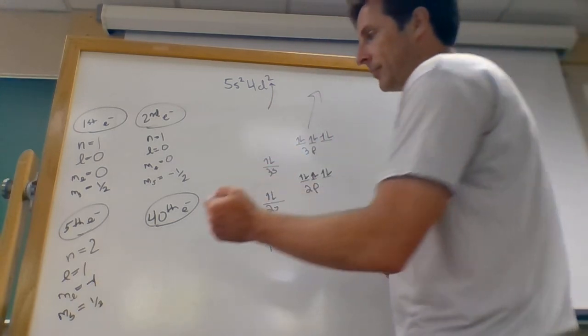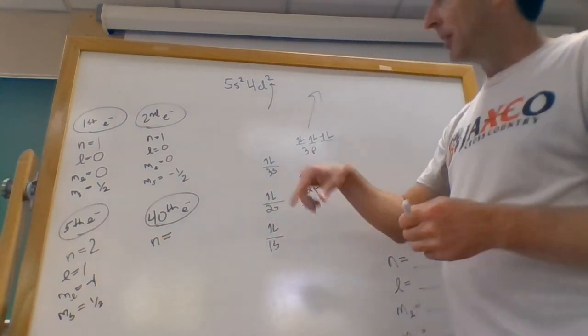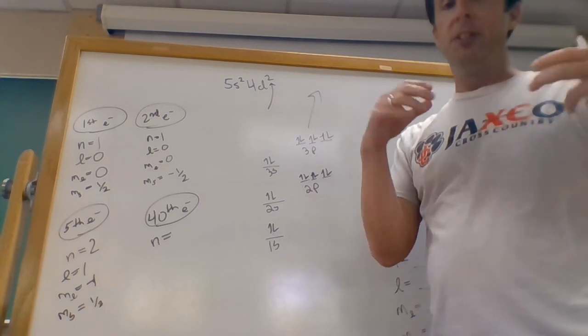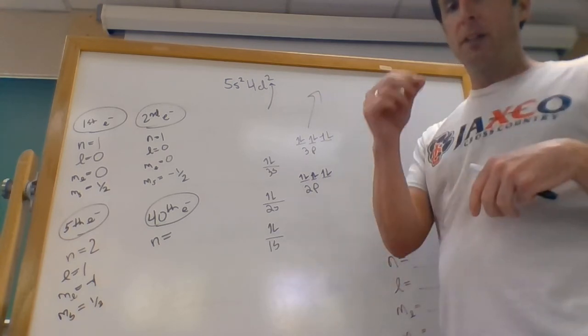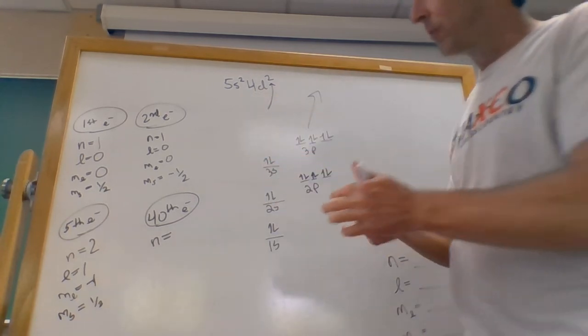Okay? So, N: that electron is in the 5th row of the periodic table, but the d orbitals are always a shell behind, right? So if I'm in the 5th row, that means it's 4d. Well, the 4, that's the shell. N equals 4.